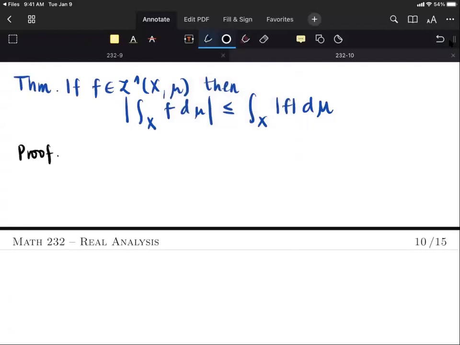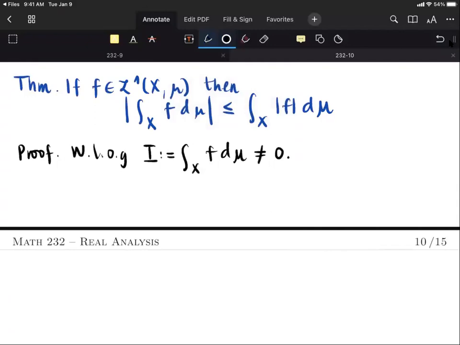Okay, so for the proof, let us assume without loss of generality that the integral of f, let us define this to be I for simplicity, is not equal to 0.